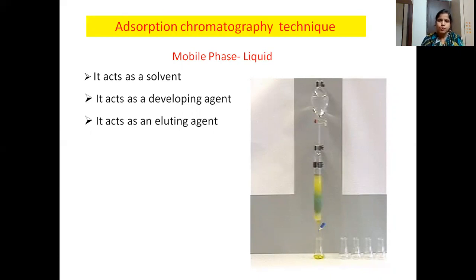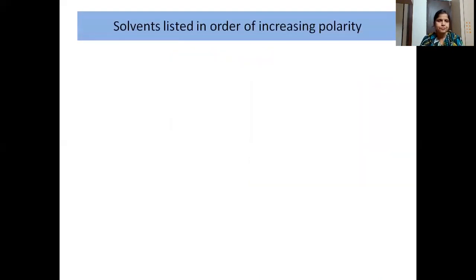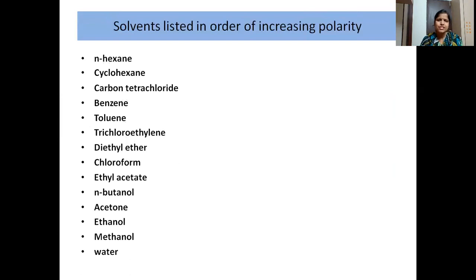So what are the mobile phases that we can use in column chromatography? As we have seen in all the other techniques also, we generally start with the non-polar solvents. Even here you can see it is n-hexane, cyclohexane, carbon tetrachloride, benzene, toluene, trichloroethylene, diethyl ether, chloroform, and now we are increasing the polarity as we are moving down.